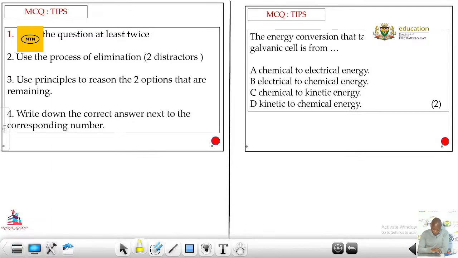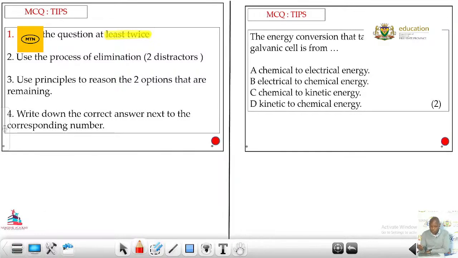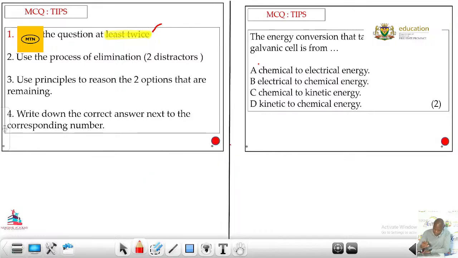When we work with multiple choice, the tip will be to read the question at least 2 times. Why do we need to read the question 2 times? It's basically to identify the key critical words in that particular statement, which will influence the choice of the answer that we are going to choose.